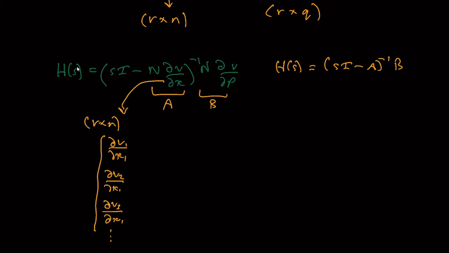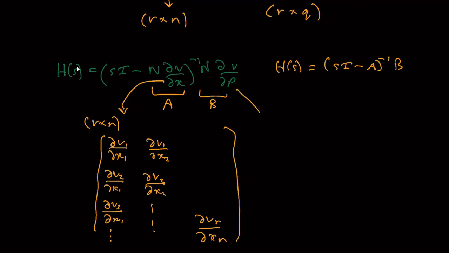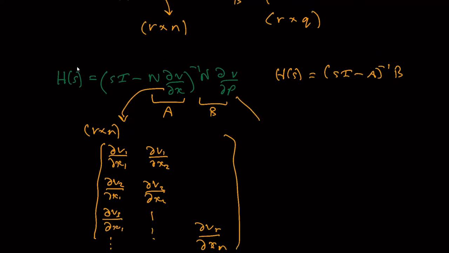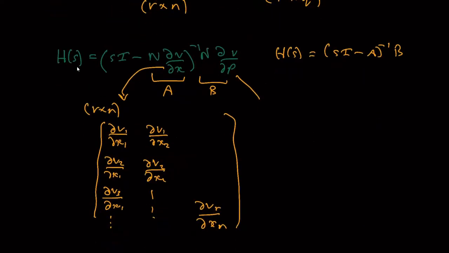Along the columns, we start incrementing the state variables. So that's dv1 by dx2, then dv2 by dx2, and so on. In the bottom right-hand corner, we end up with dvr by dxn. Same thing applies to the dv by dp, and as I said before, this is r by q. It's very similar.